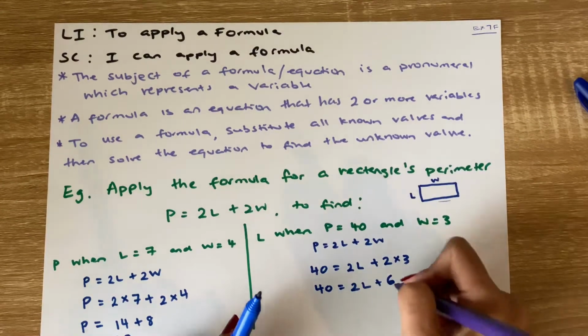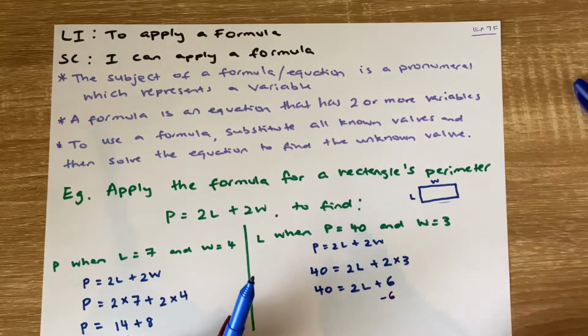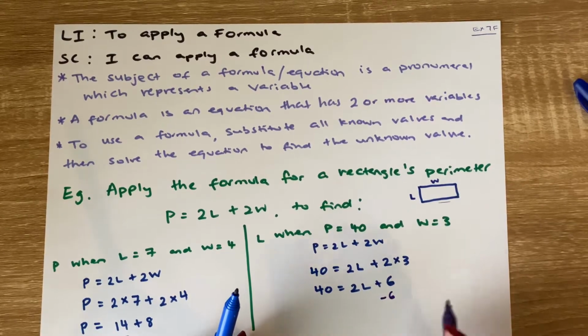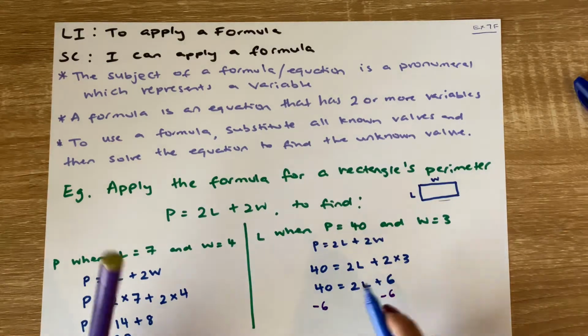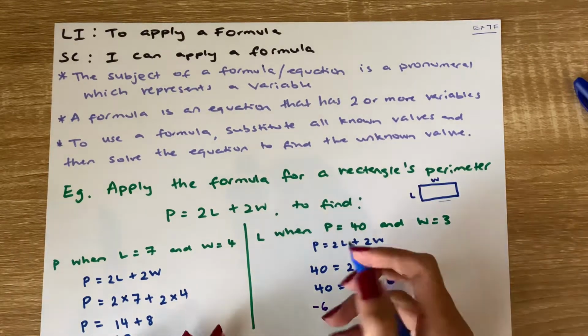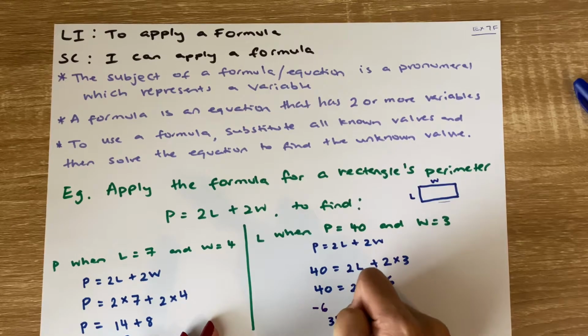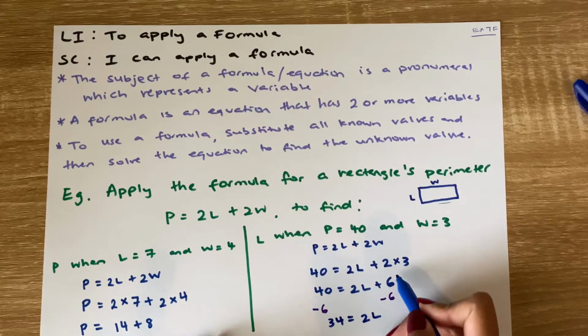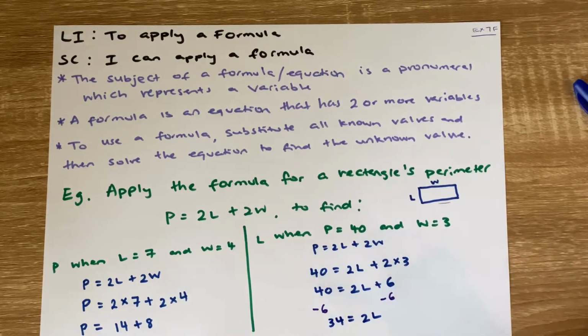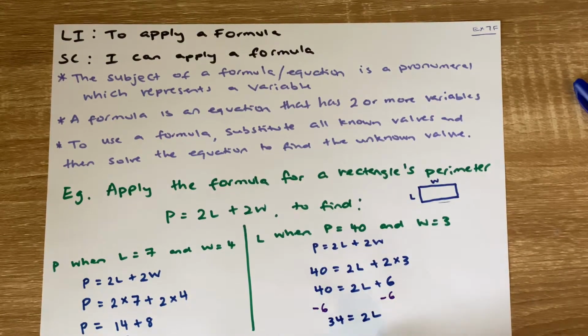If this is plus 6, we're going to subtract 6. What I do to one side, I have to do to the other. So we subtract 6 on both sides. 40 take away 6 is 34, so I'm left with 34 equals 2L. And 6 take away 6, they both cancel.